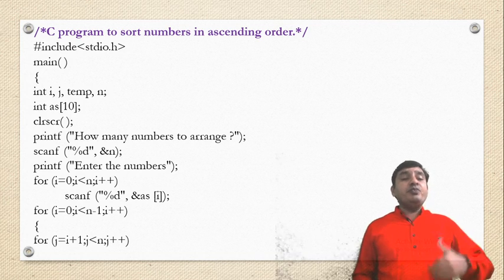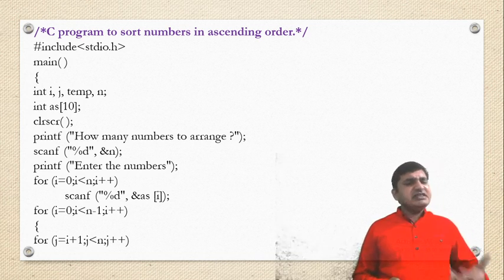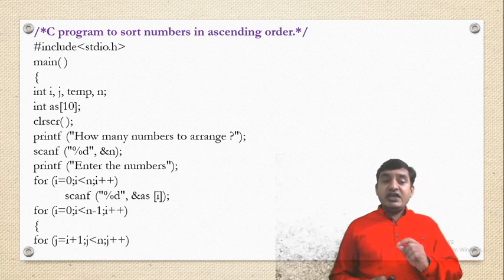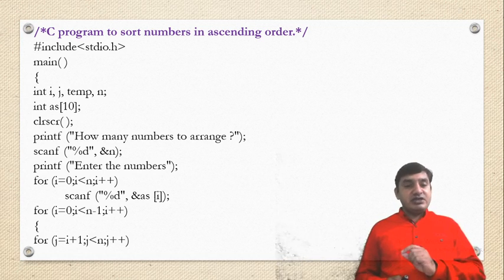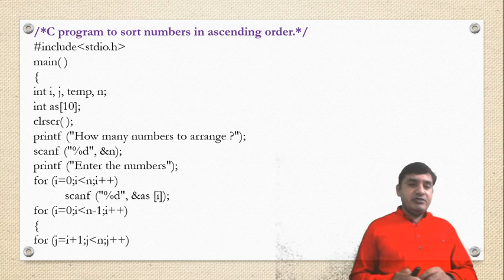Again there is a loop inside the loop, that is a nested for loop, for j is equal to i plus 1, j is less than n, and j is incremented.